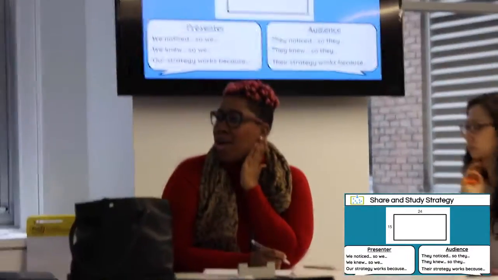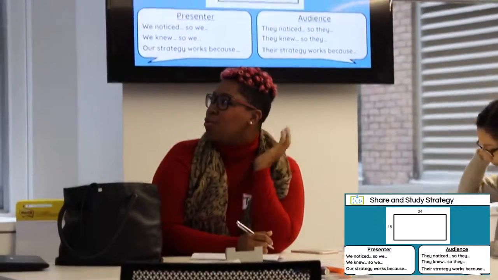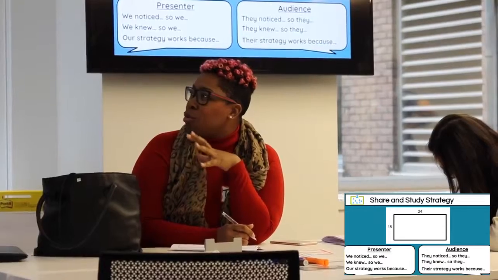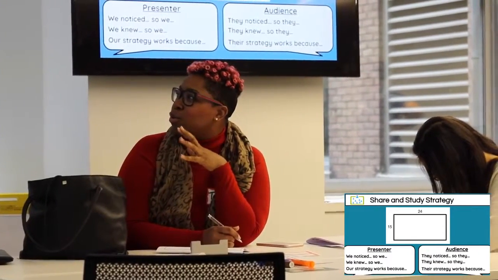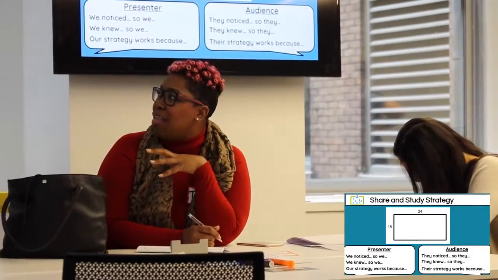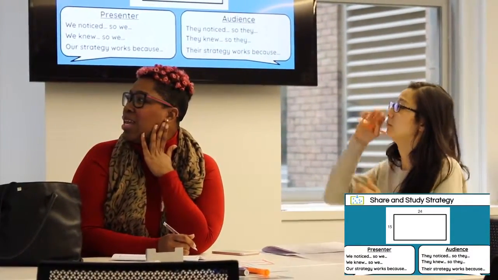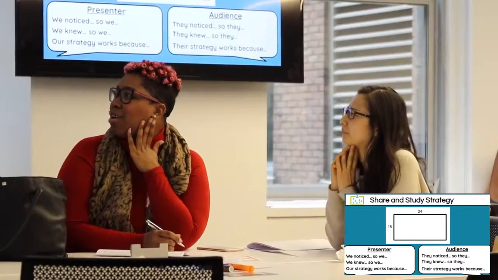I'm going to go with Tammy, okay? What David noticed was he doesn't like to work with numbers that are really big. So he broke up the 24 into 20 and 4, and then the 15 into 10 and 5, sorry.